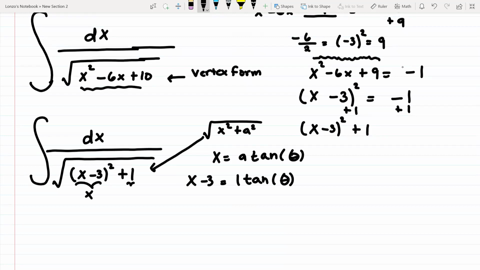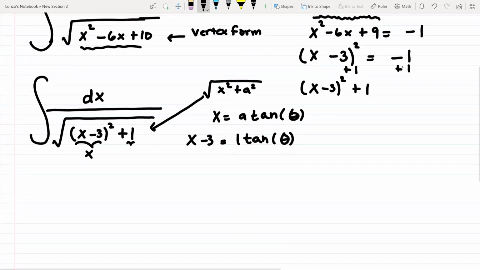So what would I do next? I could substitute x minus 3 with 1 times tan theta, or just tan theta. What I should do first is, because we have a dx here, find that dx. How do I find it? It's simply taking the derivative on the left side and the right. What's the derivative of x?